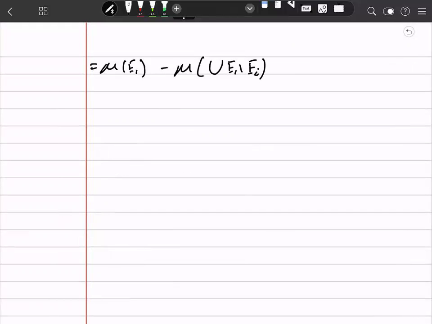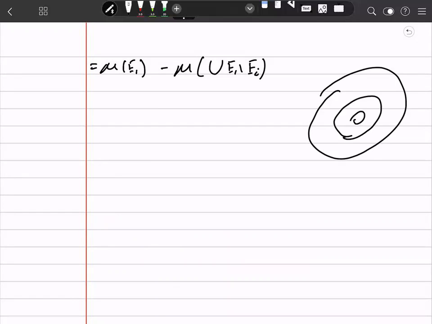So what can we say about this? Well, this is a disjoint sequence, right? What do we have here? Well, this is E1, this is E2, this is E3. E1 minus E1 is of course the empty set.